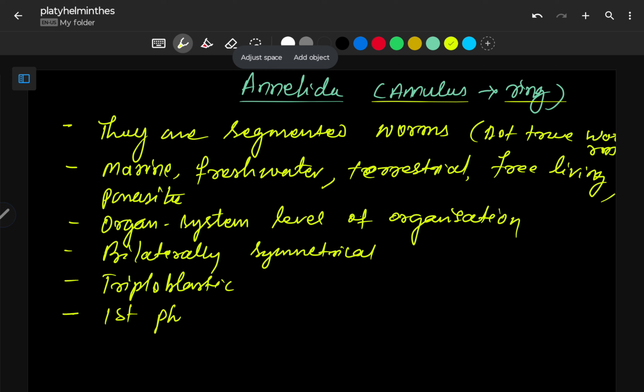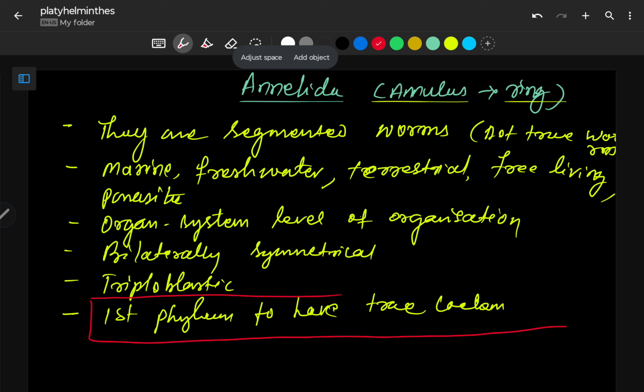First phylum to have true coelom. Very, very important. I'm just highlighting it. First phylum to have true coelom.